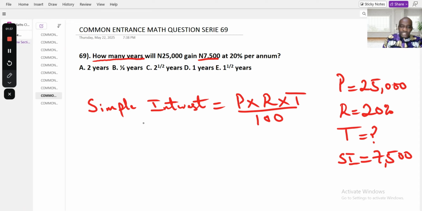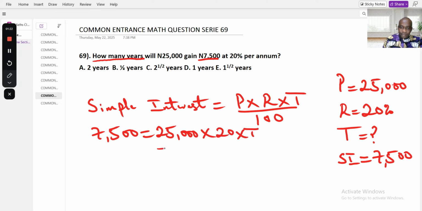This simple interest, we are going to replace it with 7,500 equals what is our principal? 25,000. What is our rate? 20. What is our time? We don't know yet. Divided by 100. We will now cancel the zeros: 0 here, 0 here, 0 here.